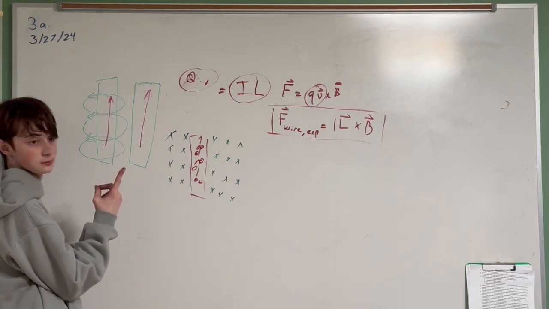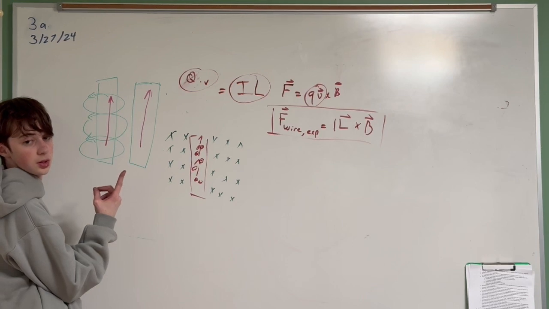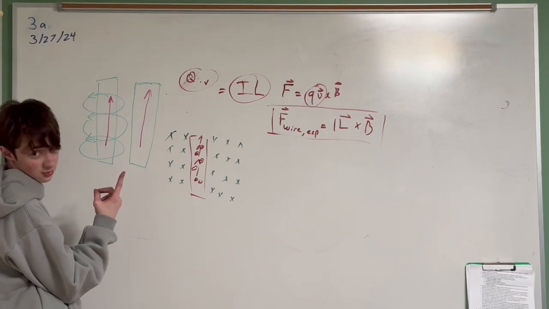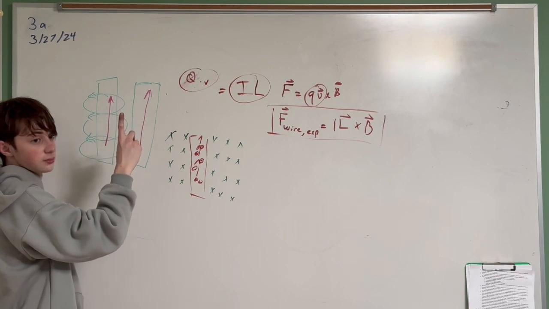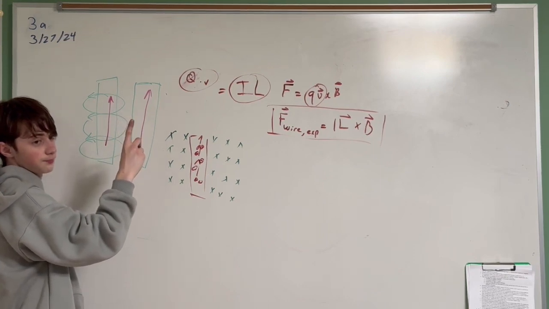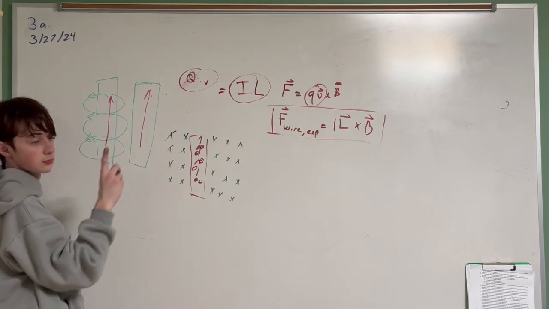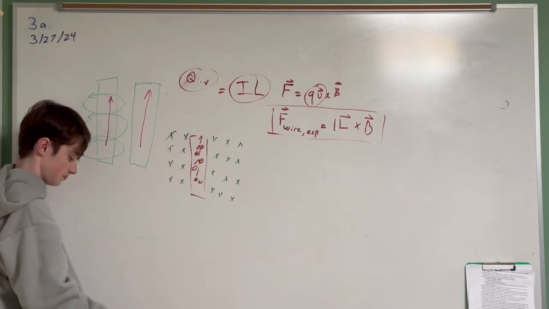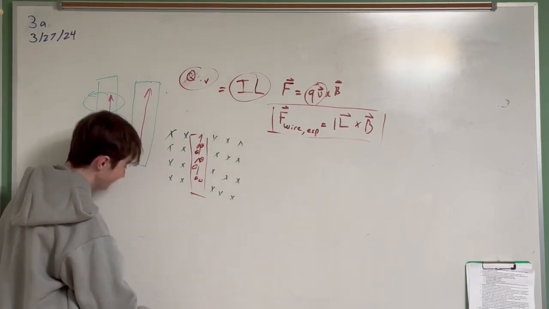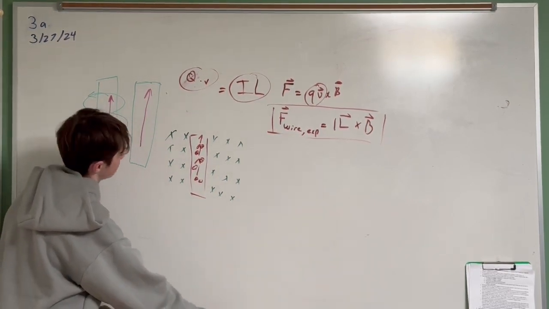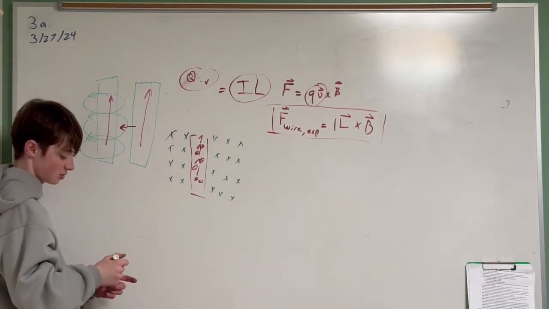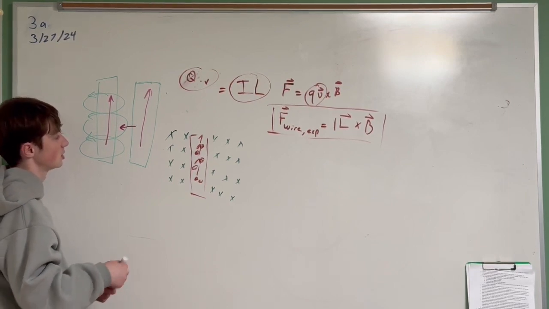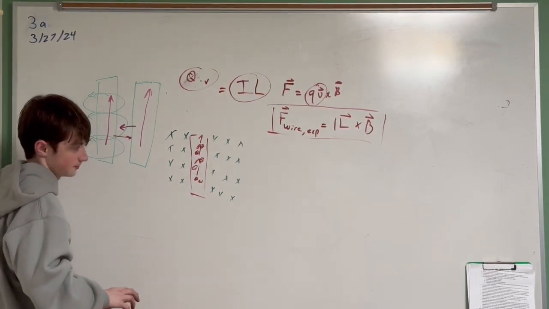If it had a current moving up, that would be electrons moving down. This is going into the screen, into the whiteboard. So left. Yep, left. It would have a force left. So wires with the same direction of current flow attract, and with different directions repel.